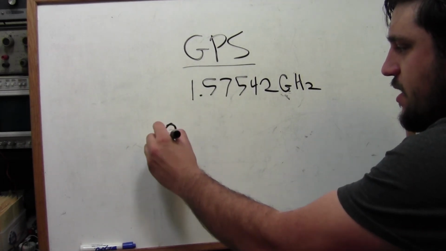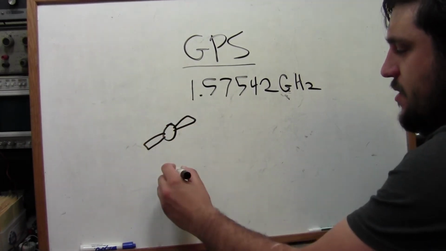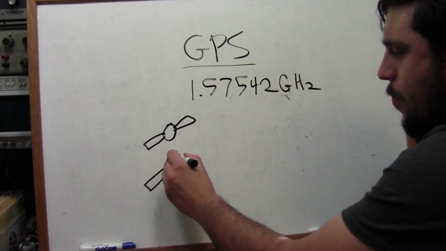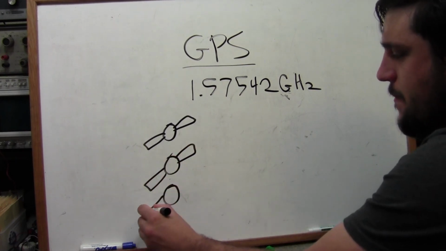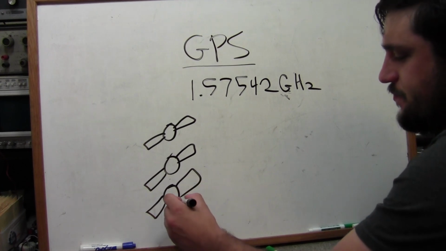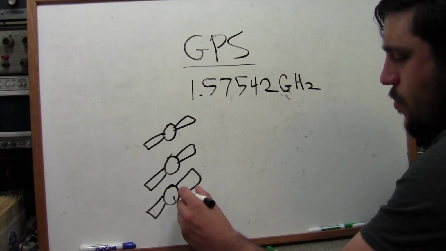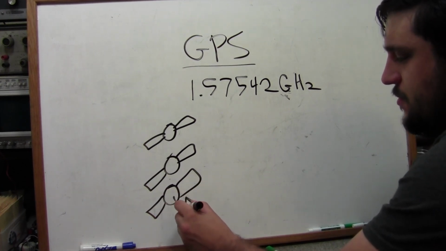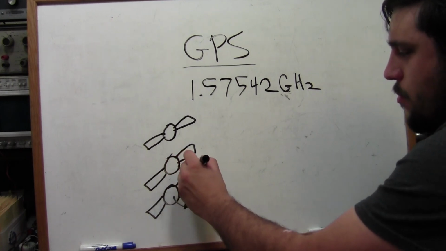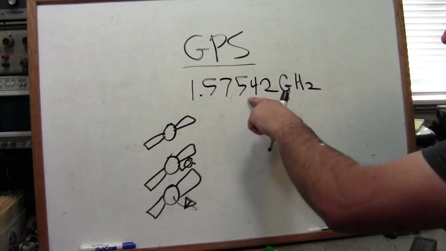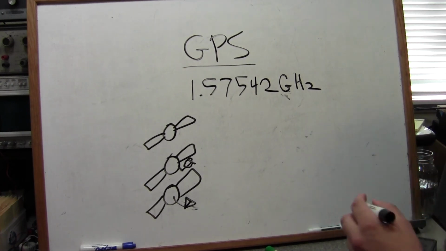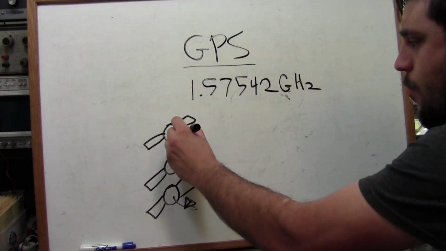So if this is a satellite, and this is another satellite, and this is another satellite, each satellite has an antenna tuned specifically to 1.57542 gigahertz, as does every single one of the receivers.